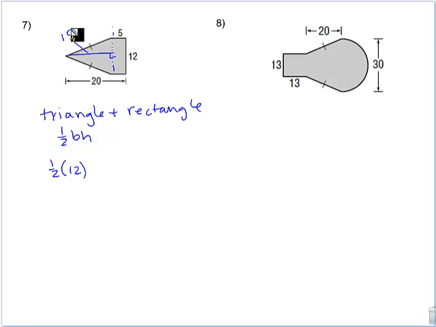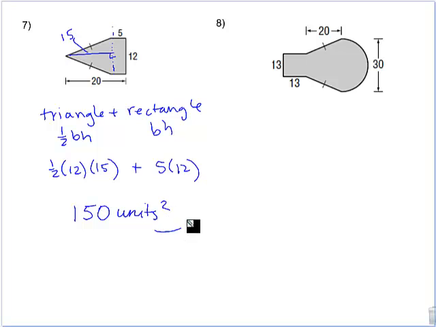How do we get that height of 15? Because of 5. Good. We subtract the 5 off the 20, so 1/2, 12 times 15. Rectangle's base times height. So 5 times 12 here. So 150 units squared.